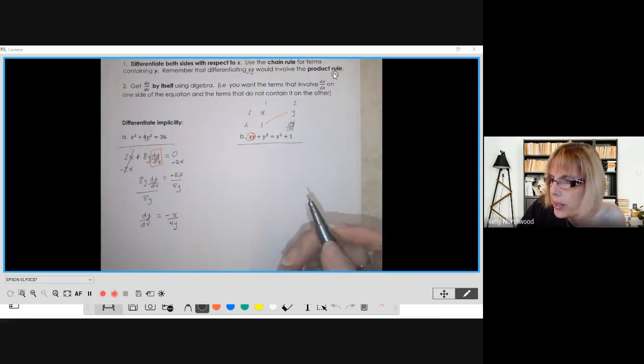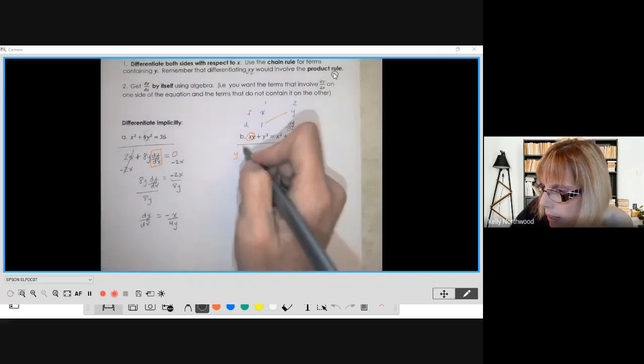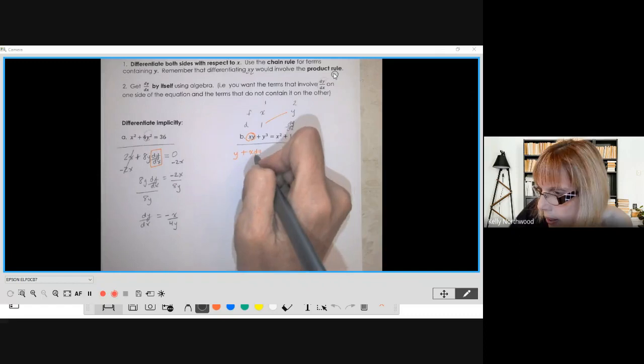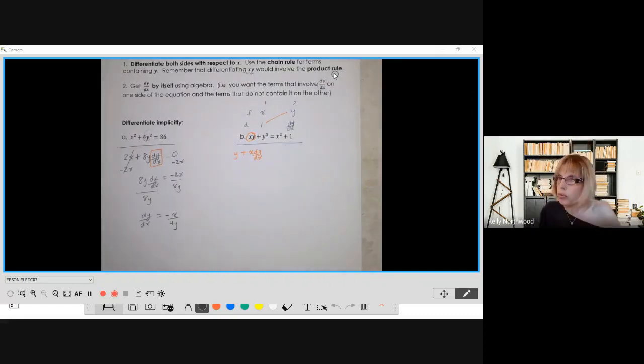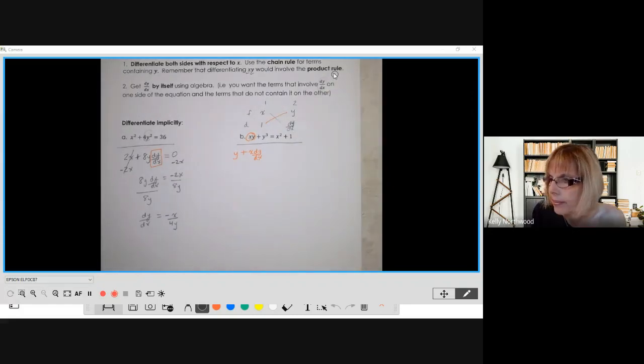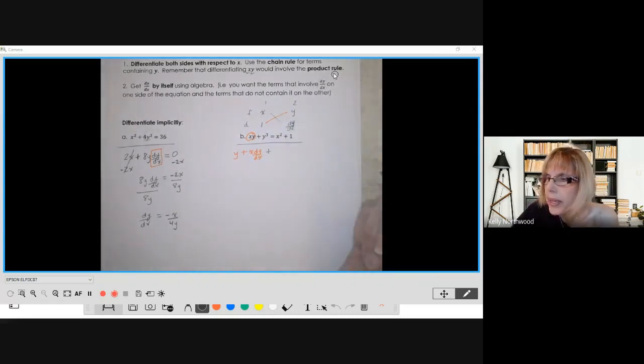It's a product rule, so derivative of the first times the second, plus the first times the derivative of the second. So that orange part is just deriving x times y. And then plus the derivative of y cubed, sorry, I was getting ahead of myself.